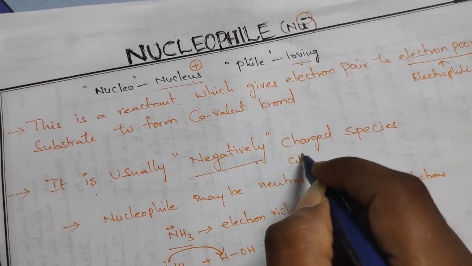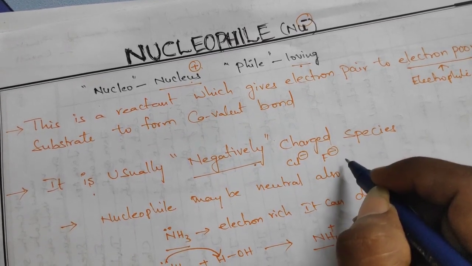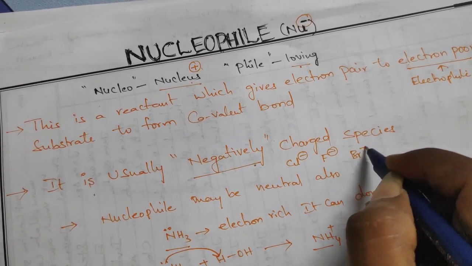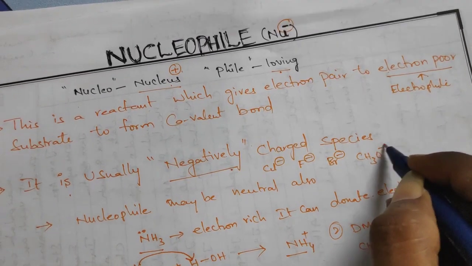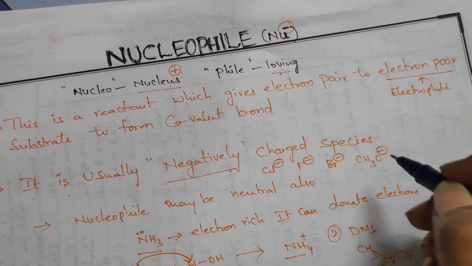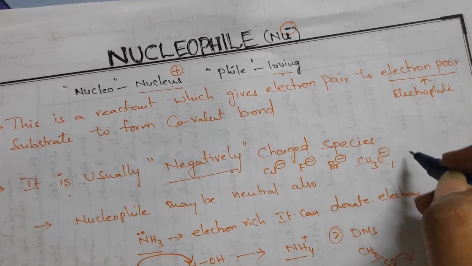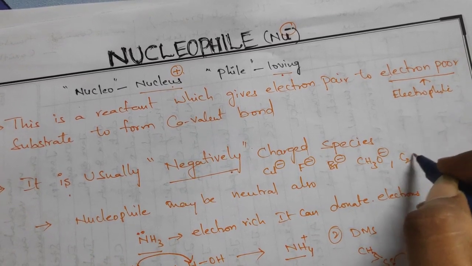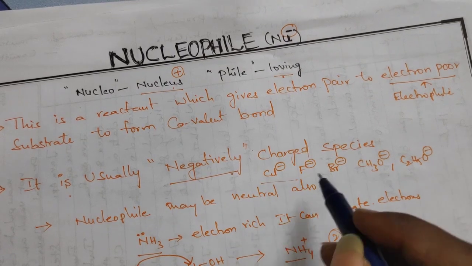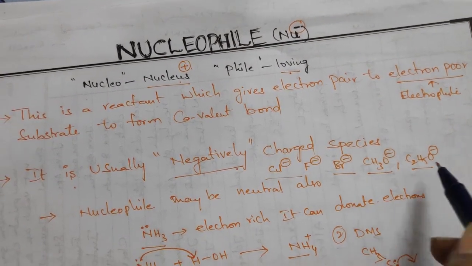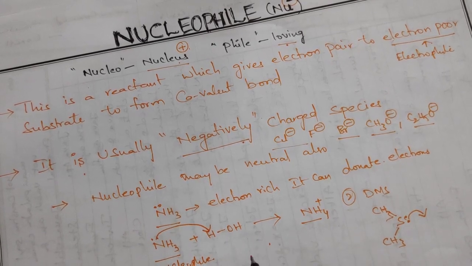For example, Cl minus, F minus, Br minus, CH3O minus, methoxide, and C2H5O minus, ethoxide. These are the more common nucleophiles we have seen, and the earlier ones are neutral nucleophiles.